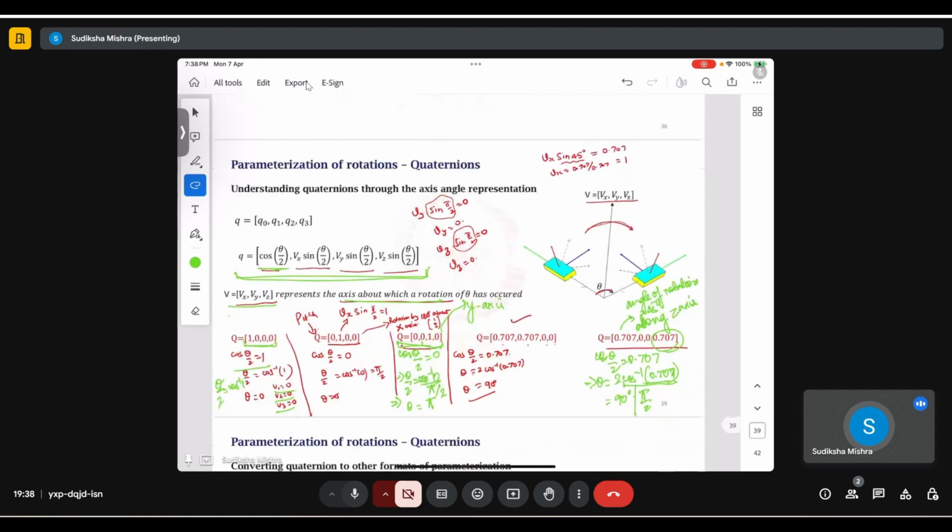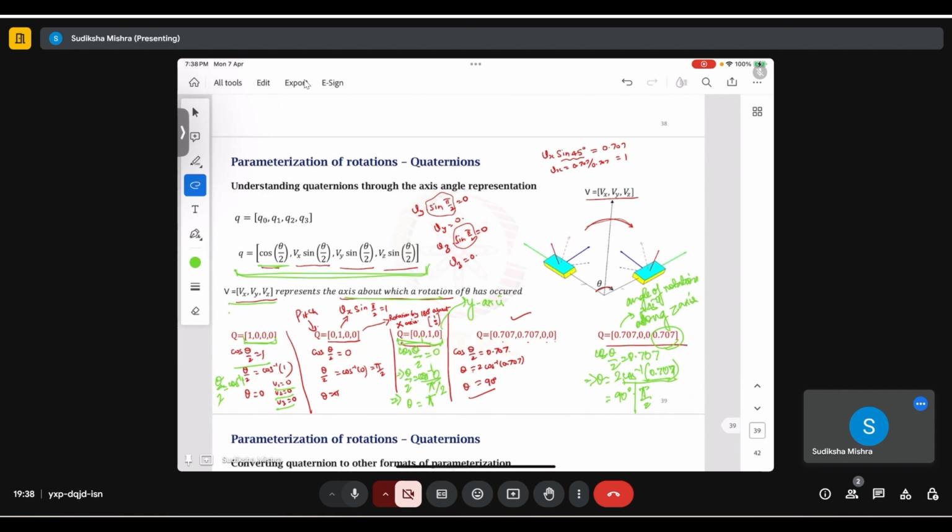To represent rotations using quaternions, you represent the axis and the angle of rotation. Suppose you have a coordinate of this kind: cos theta by 2, vx sin theta by 2, vy sin theta by 2, vz sin theta by 2.